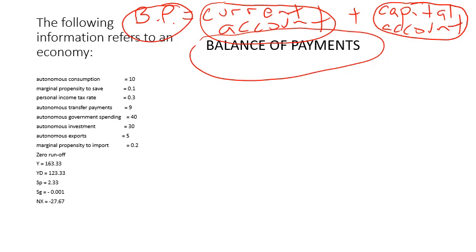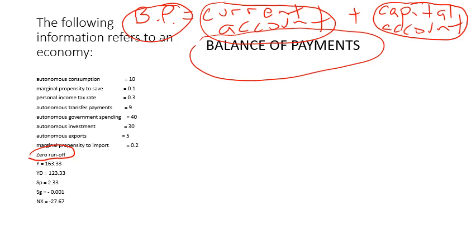Okay? Now, I come back here, zero runoff. All right? So, zero runoff is an assumption, which means that the balance of payments must equal zero.